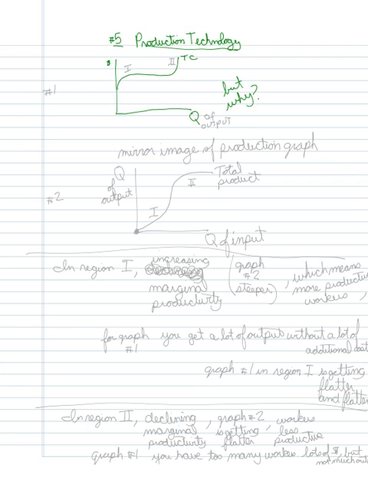The reason why the total cost curve has this shape is because it's a mirror image of the production graph.